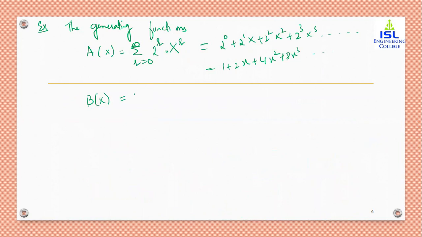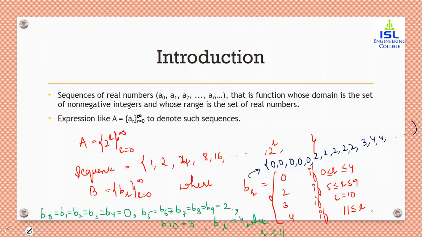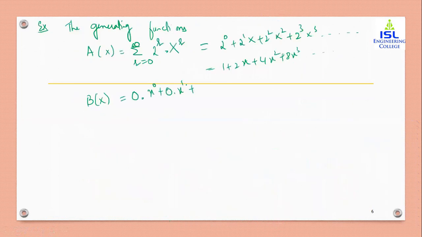So we will have 0 into x power 0 plus 0 into x power 1, till 5, if you remember. Till b4 we have all zeros. So we will multiply with 0 x square plus 0 into x cube plus 0 into x power 4.